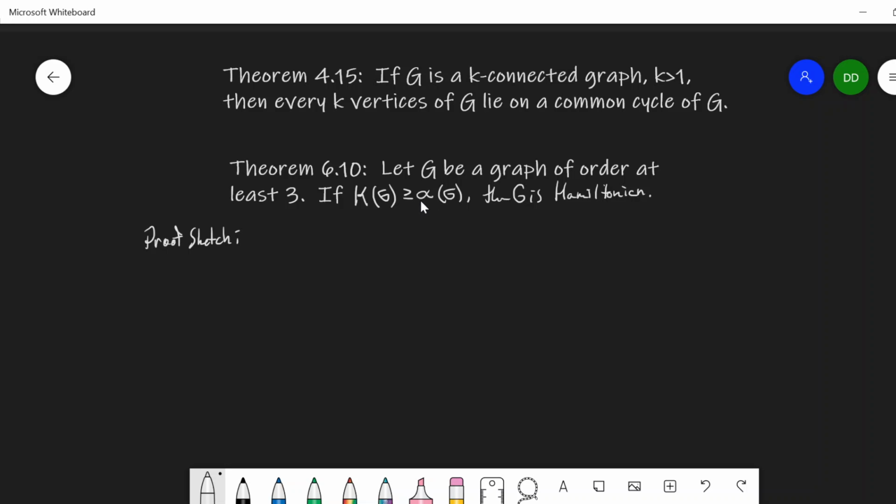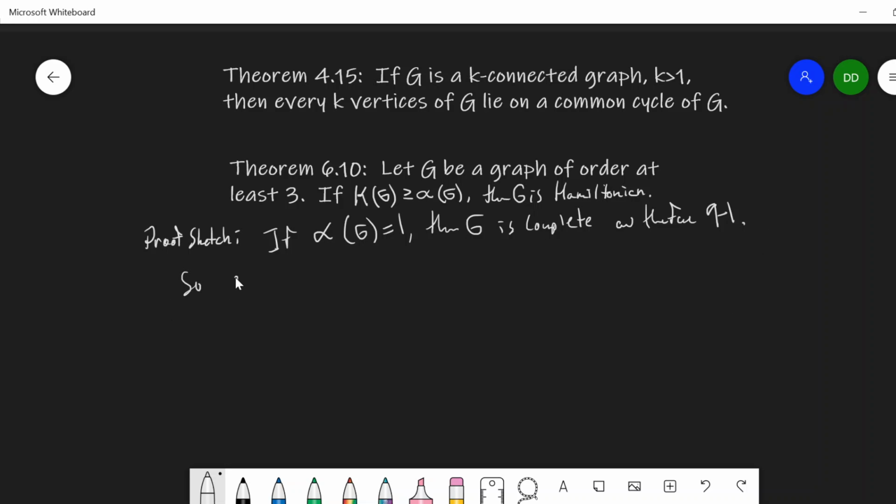So if the independence number is equal to 1, then G is complete, and therefore Hamiltonian. And so we would be done in this case.